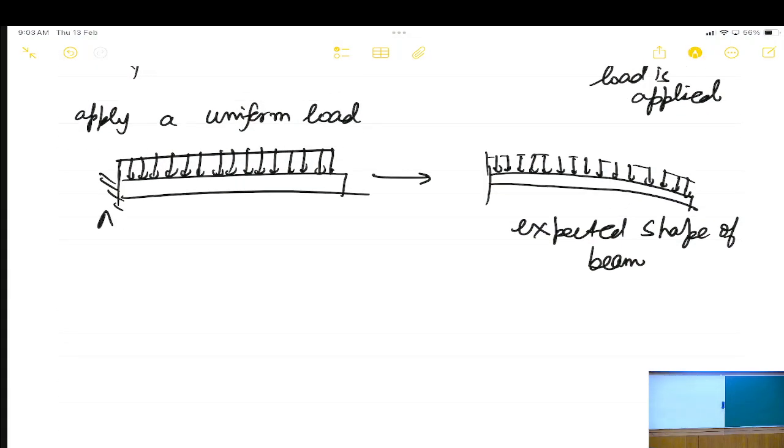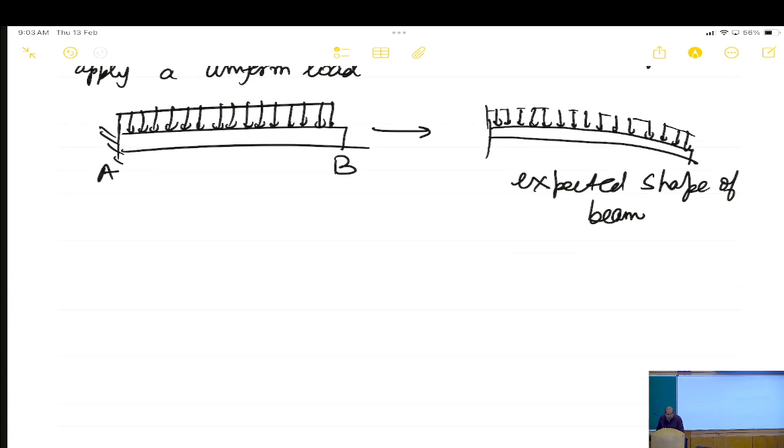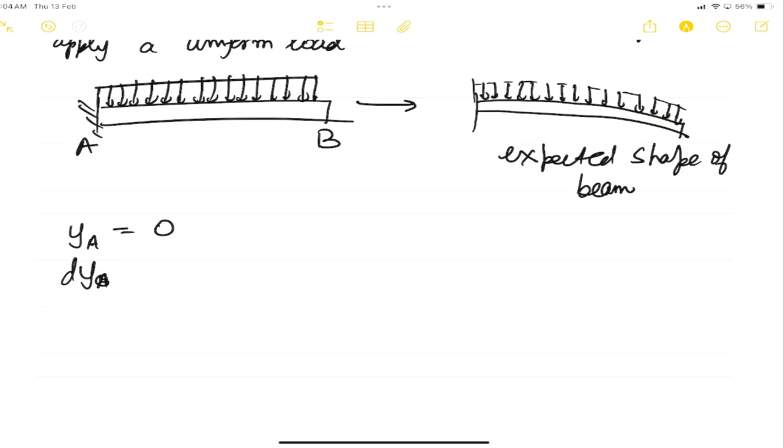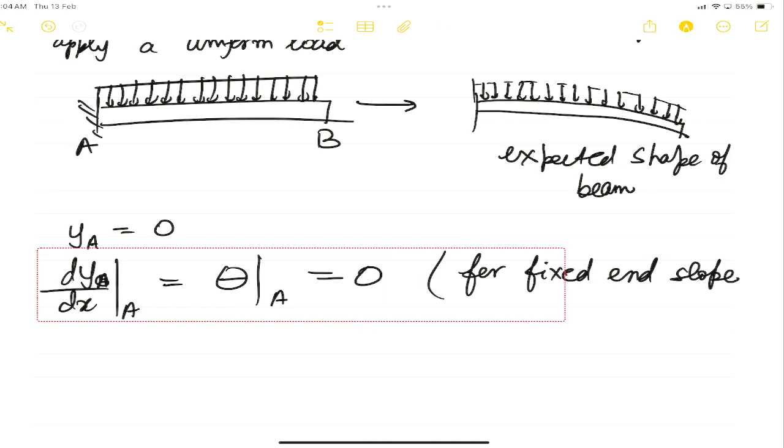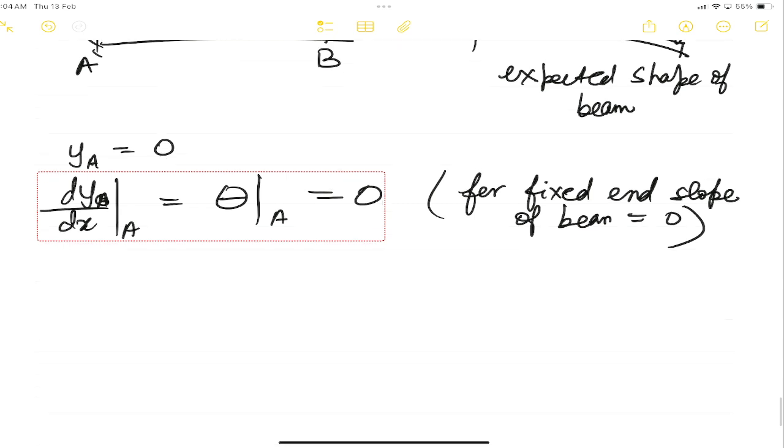Let this be the end A, let this be the end B. So, here what we know is y of A is equal to 0 and dy by dx at A. Let us first talk of deflections only.